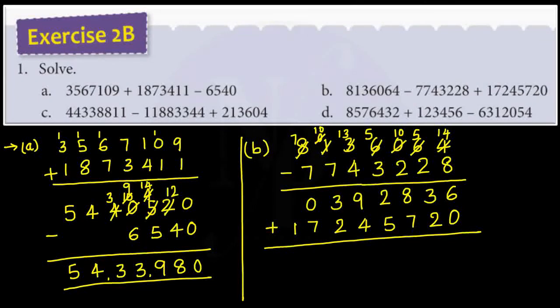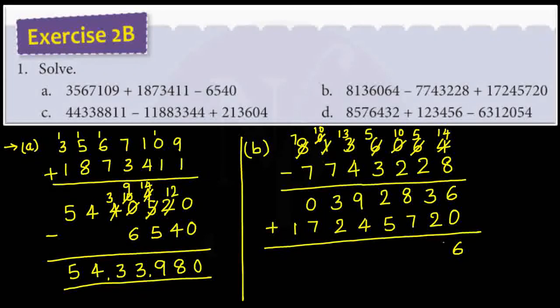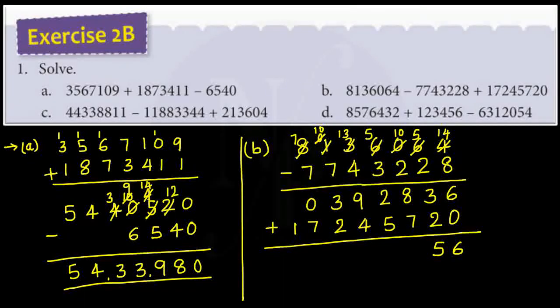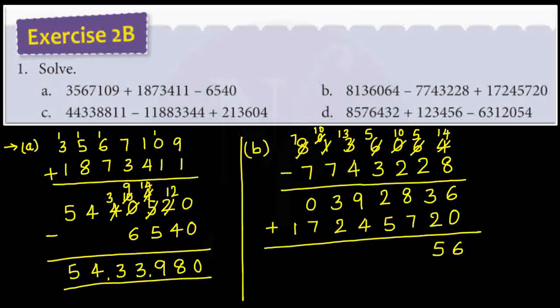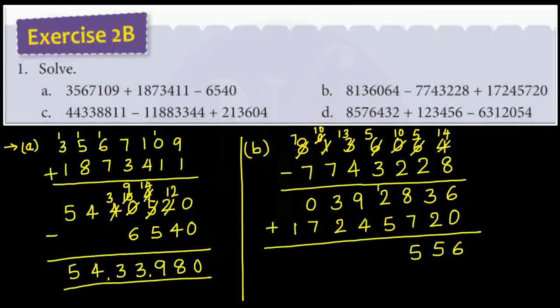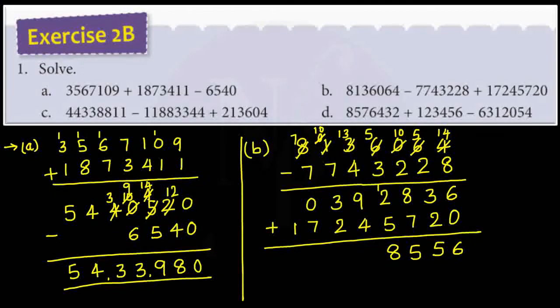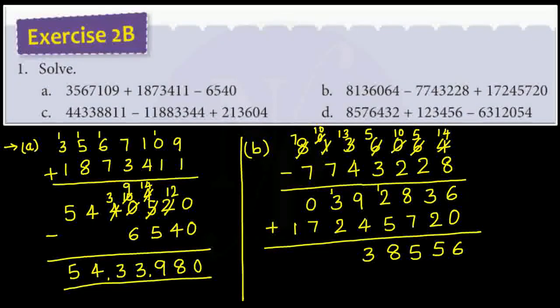6 plus 0 is 6. 3 plus 2 is 5. 8 plus 7 is 15. 1 is carried forward. 1 plus 2 is 3. 3 plus 5 is 8. 9 plus 4 is 13. 1 is carried forward.